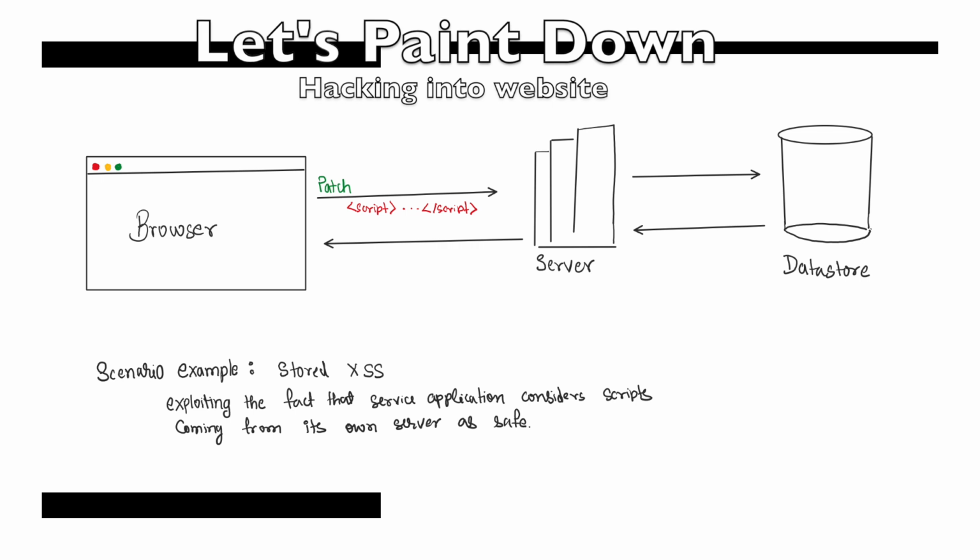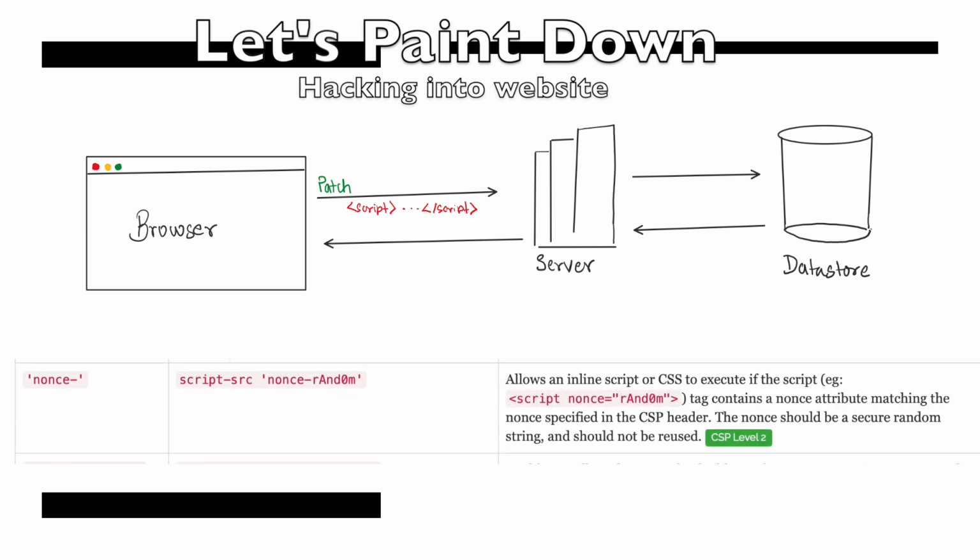So that's the scenario, and Content Security Policy can save us, as in we define the script source as self, but that itself is not going to protect us because the script is still coming from our service itself. So we also have a CSP derivative of nonce, which is where we create random GUIDs.